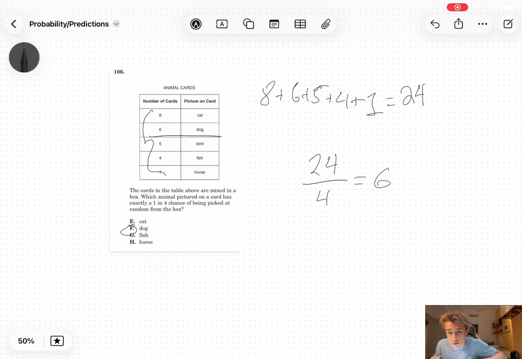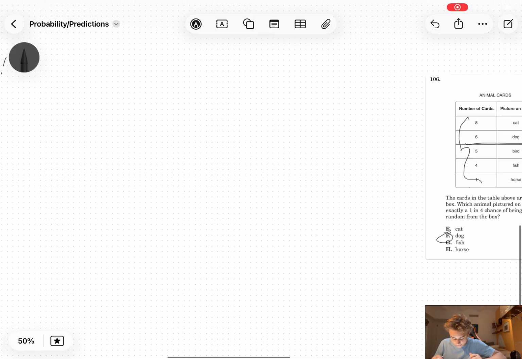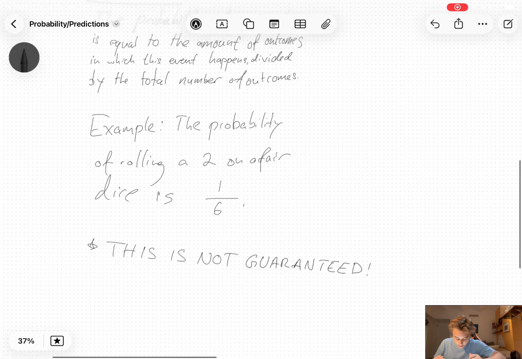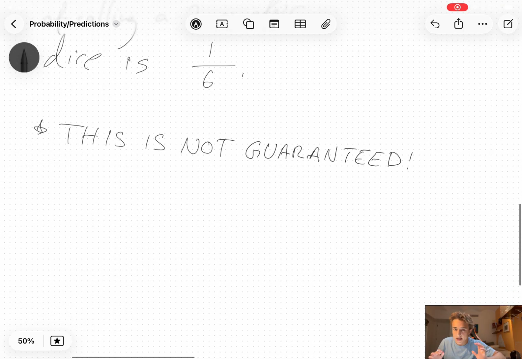And there's one more important thing about probability that you should know, and that is that it is not a guarantee by any means. What that means is, if something has a 1 in 6 chance of happening, like for example, if I'm rolling a dice and there's a 1 in 6 chance that I get a 2, as we saw in the example at the start, if I roll the dice 6 times, it's not guaranteed that I'm going to get a 2.